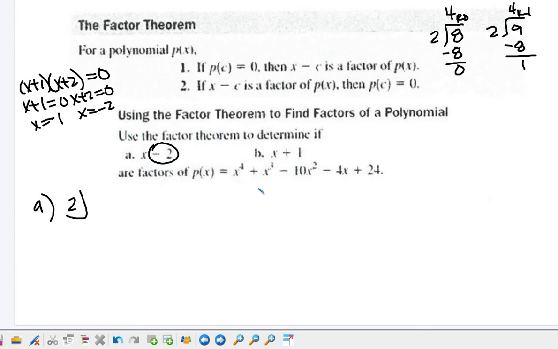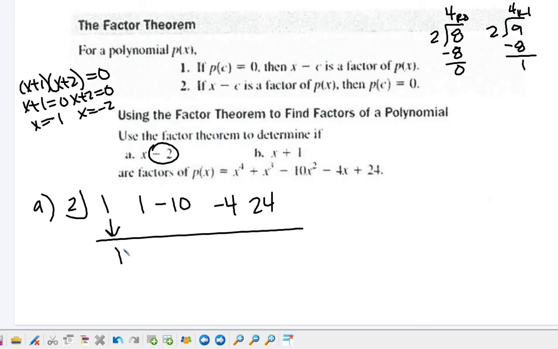So 2. So 4, 3, 2, 1, 0. First thing I always check. So 1, 1, -10, -4 and 24. So first thing is always bring the first one down. Multiply. 2 times 1 is 2. 1 plus 2 is 3. 2 times 3 is 6. Add.